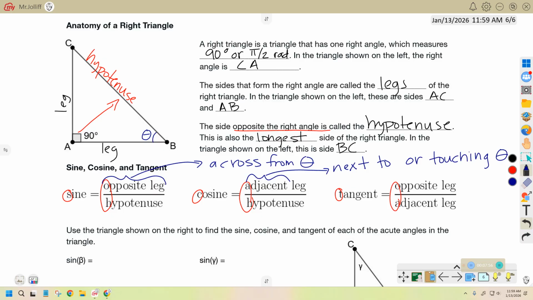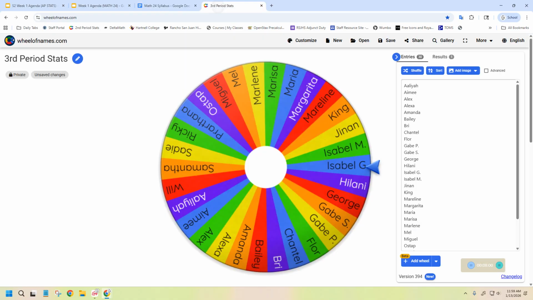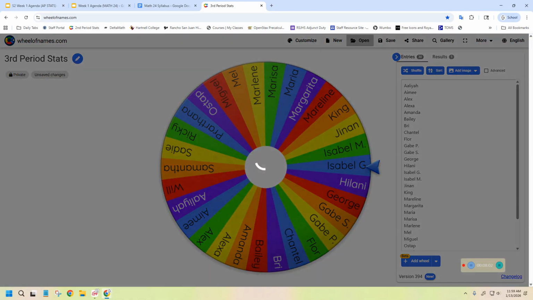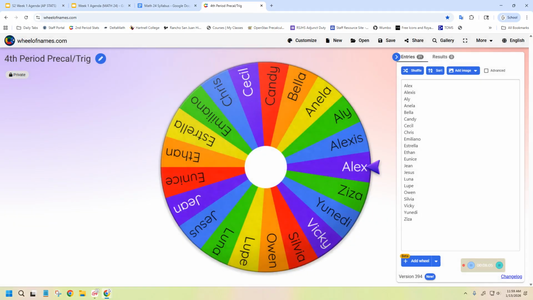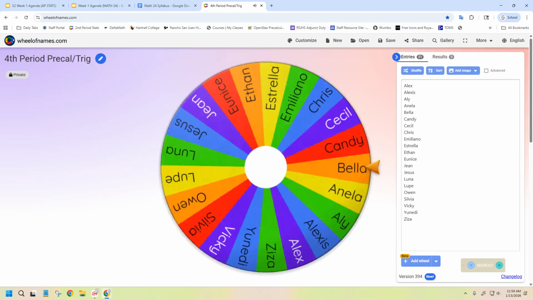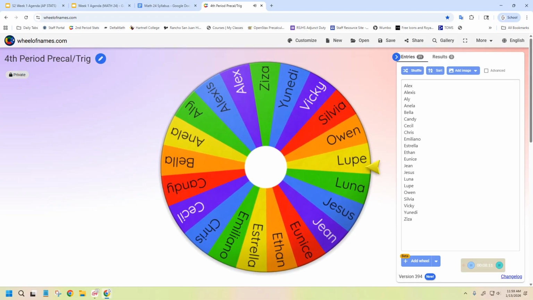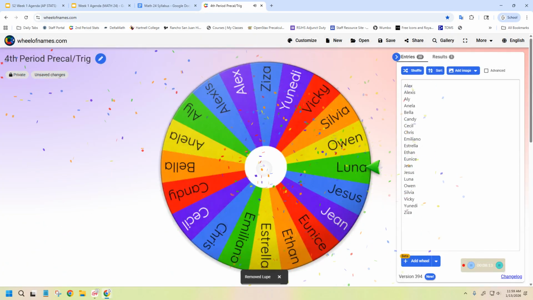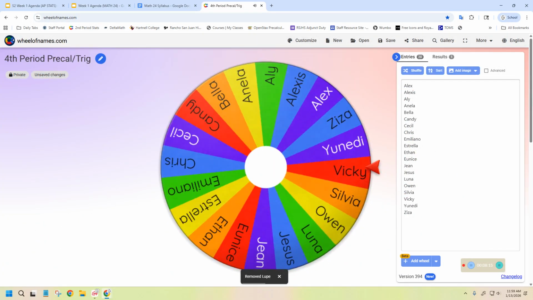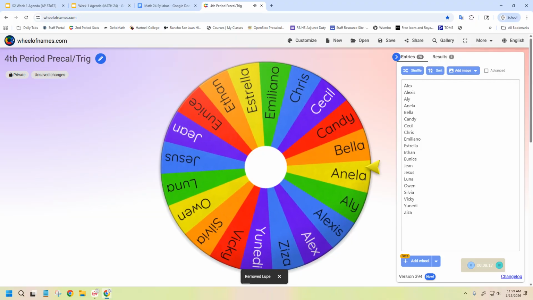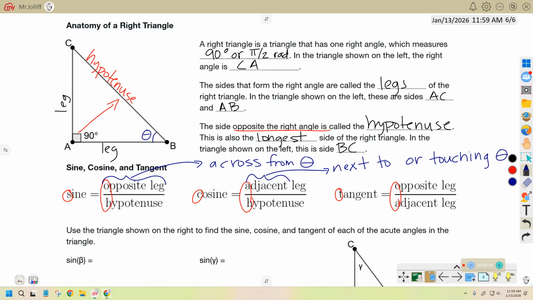Okay, who can I pick on? She is not here, frowny face. Anela, looking at that picture, which side is opposite angle theta?